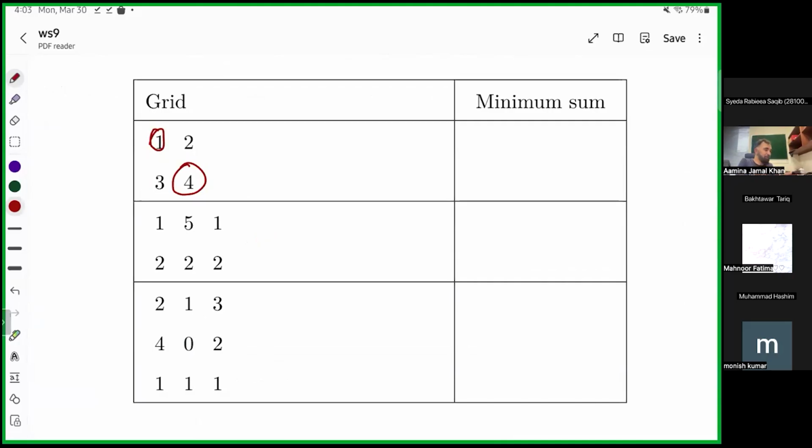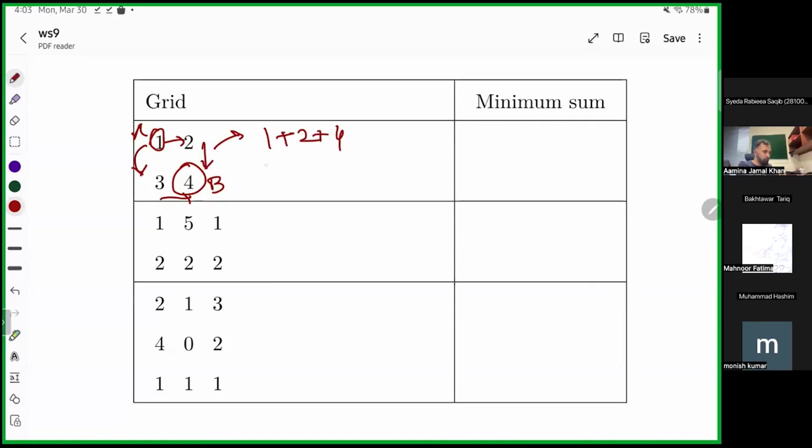Okay. I think there are two ways to go from this place. Let's say this is A and this is B. There are two ways to go from A to B. You can go right first and down next, or you could go down first and right next. In the first case, what you incur is 1 plus 2 plus 4.